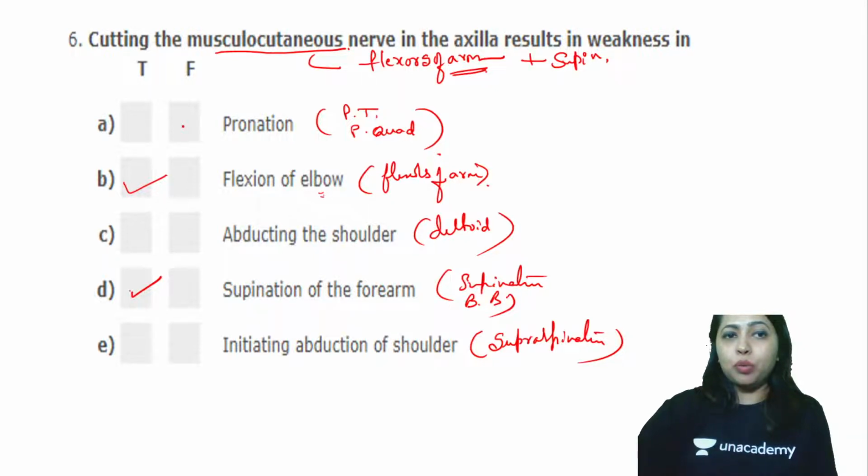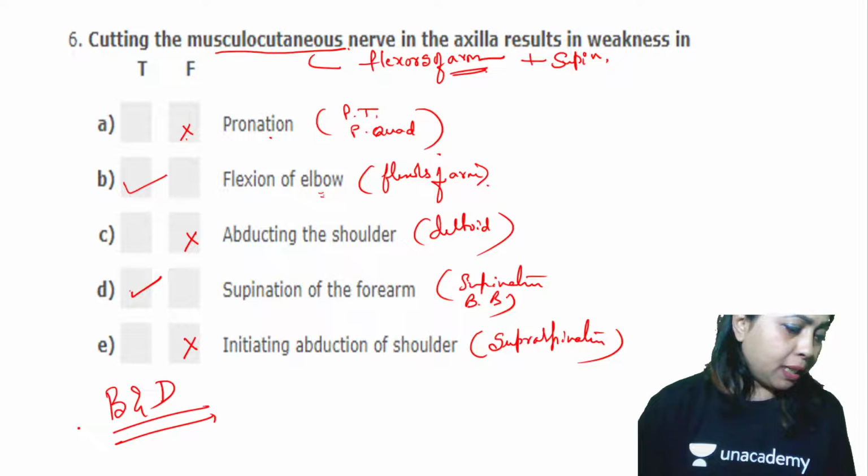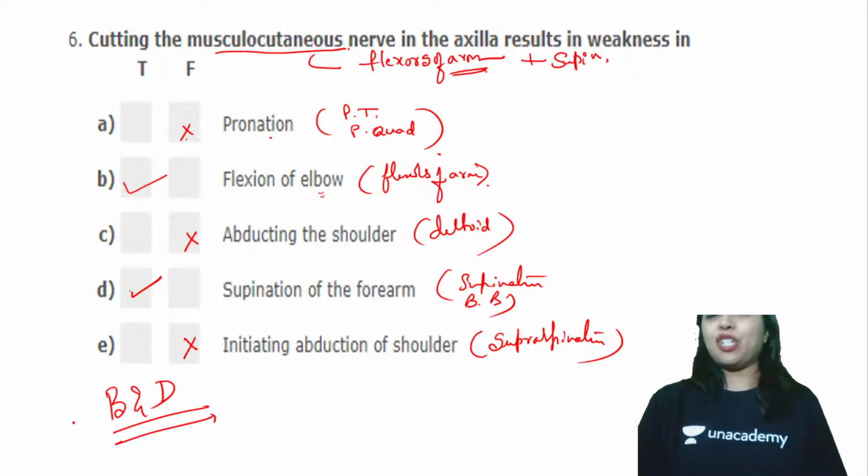Nothing will happen to the pronation because pronator teres and quadratus are not affected. Abduction of the shoulder, no. Initiation of the abduction also will not be affected. Answer here is B and D. Okay, B and D. So that is the answer. Next one.